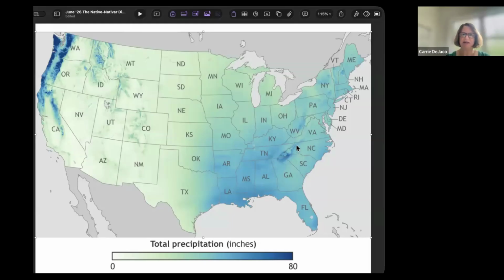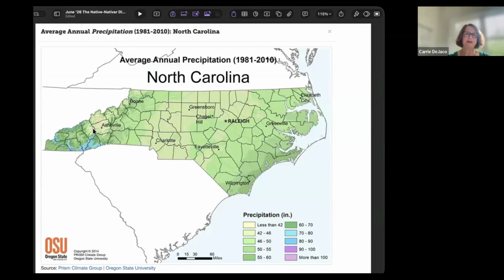So you guys that are in Western North Carolina and the Southern Appalachian region here, wow, there's a lot of variability there from one little valley to the next in how much rainfall you're going to get. So that also doesn't necessarily plug into what we would consider native. This is showing just our area here with North Carolina. We can see how incredibly variable that rainfall is in your all's area back here in Western Carolina.